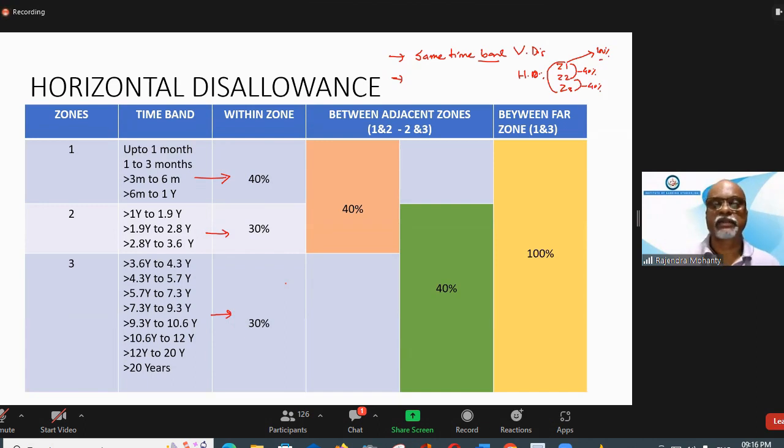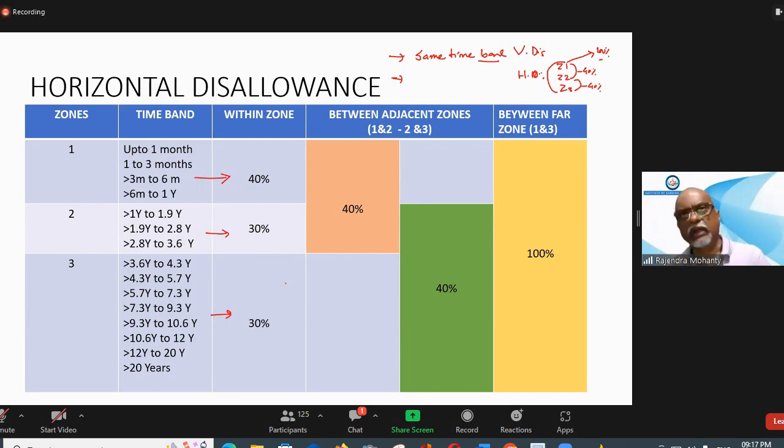So first you do the vertical adjustment and find out the amount. Second, you start with whatever netted amount of vertical is there. Then you start with the nearest time band, which is the lowest time band, and adjust that one. Then netting, find which adjacent zone they belong to, apply that percentage and find that.